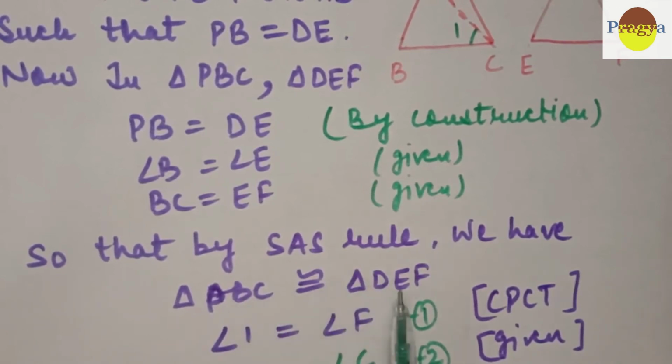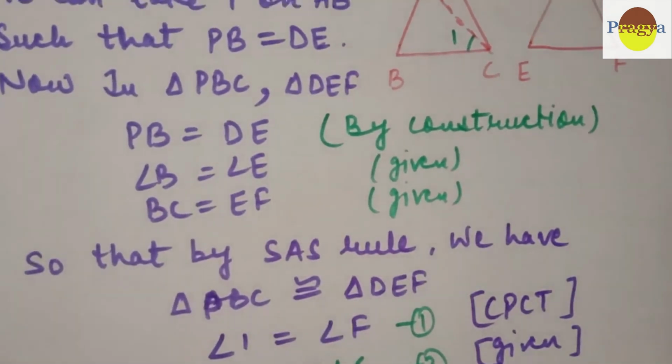If these two triangles are congruent, then as I already told you, the remaining parts of these two triangles are automatically equal to each other by the corresponding parts of corresponding triangles. CPCT means corresponding parts of corresponding triangles.